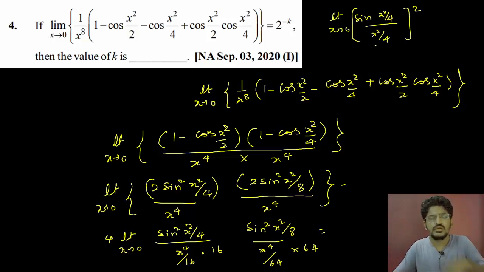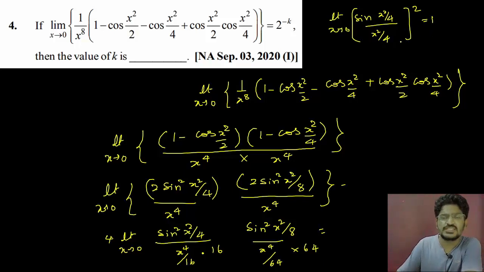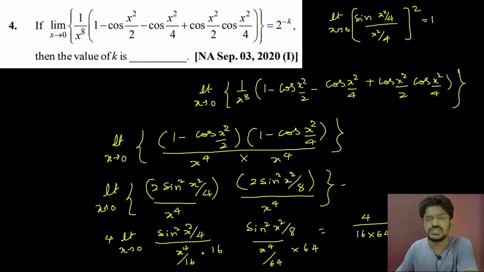Okay, so that will be equal to 1. Here also sine x square by 8 divided by x square by 8 equal to 1. Okay, so now the remaining term is going to be equal to 4 divided by 16 into 64. 4 divided by 16 into 64, and that will be equal to 2 to the power of 2 divided by 2 to the power of 4 multiplied with 2 to the power of 6, and you can just simplify these terms.